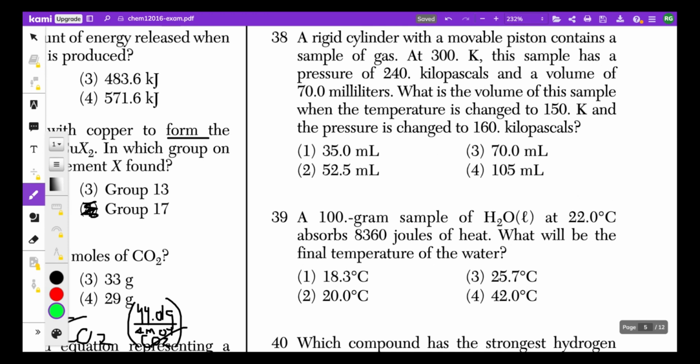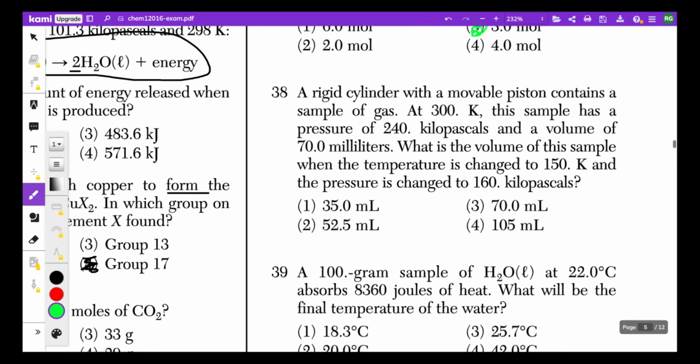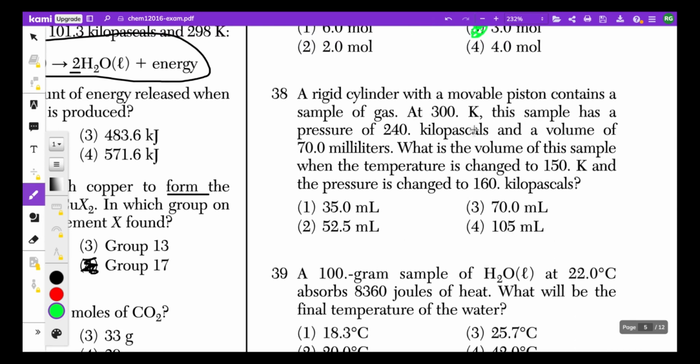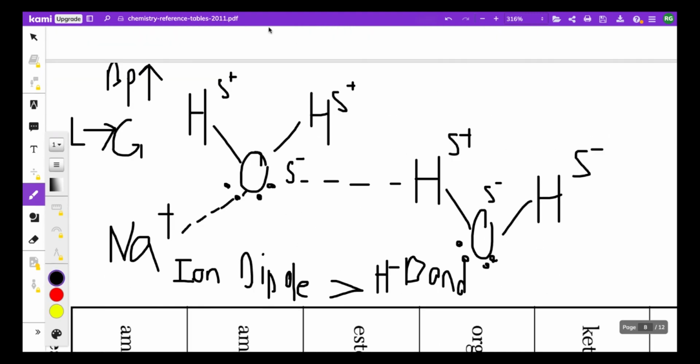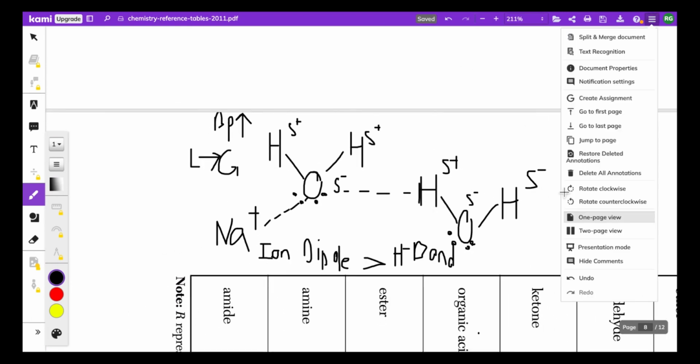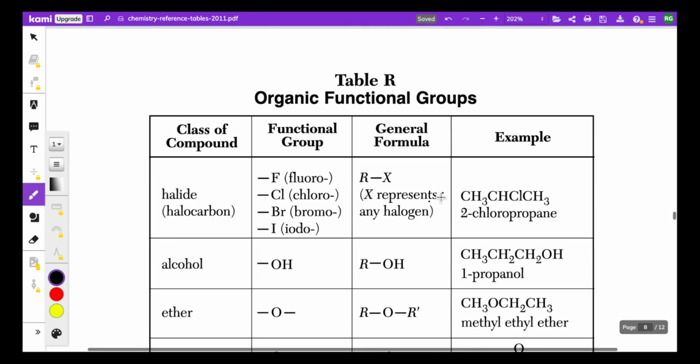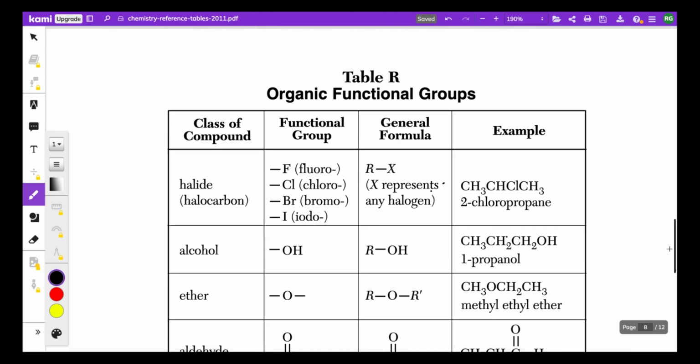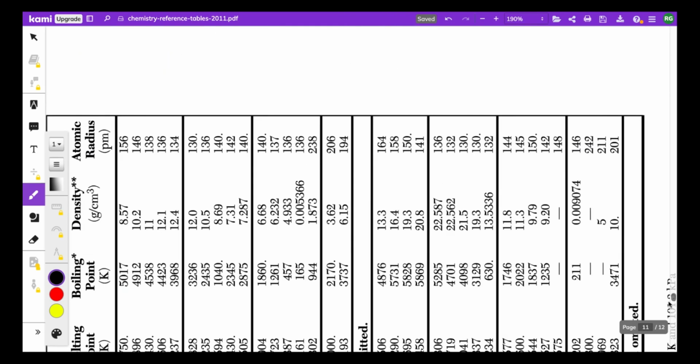Volume change. Okay. So pressure, volume. So you're gonna have to use a formula for this problem. This formula is called the combined gas law, and you can actually find it in your reference guide.